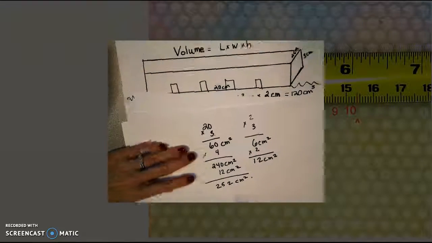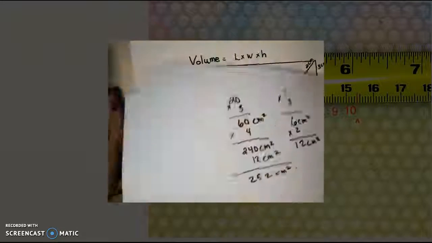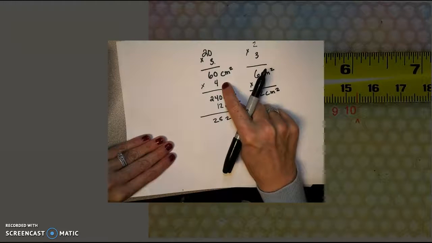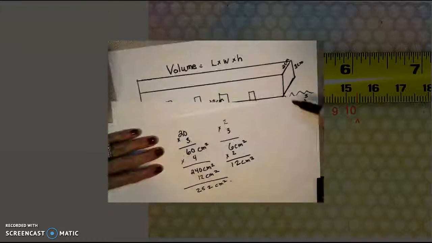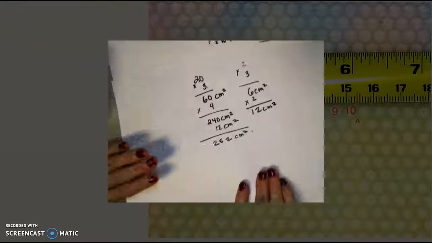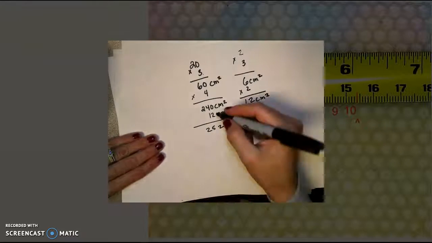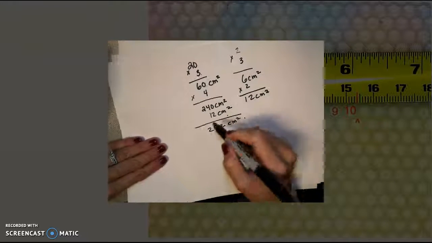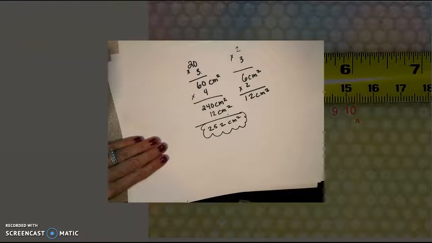So 20 centimeters by 3 is the height. That's 60, and 4 of our sides are like that. So that gives me a total of 240 square centimeters. We also have the 2 ends here that are 2 by 3. 2 by 3 is 6, and there's 2 of them, so that makes 12 square centimeters. So that gives me a total surface area of 252 square centimeters.